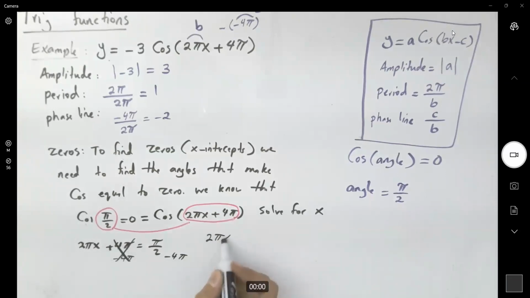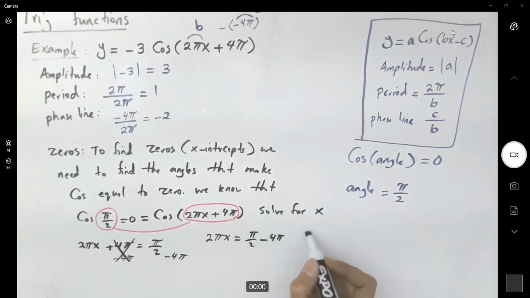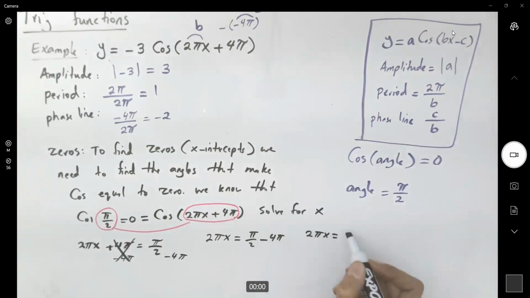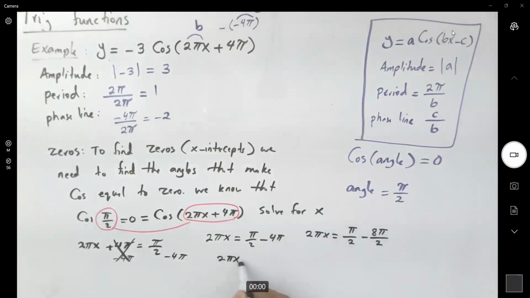So 2 pi x is equal to pi over 2 minus 4 pi, or 2 pi x is equal to, if you take a common denominator, pi over 2 minus 8 pi over 2, or 2 pi x is equal to negative 7 pi over 2, or if you cancel out pi and pi, x becomes negative 7 over 4.